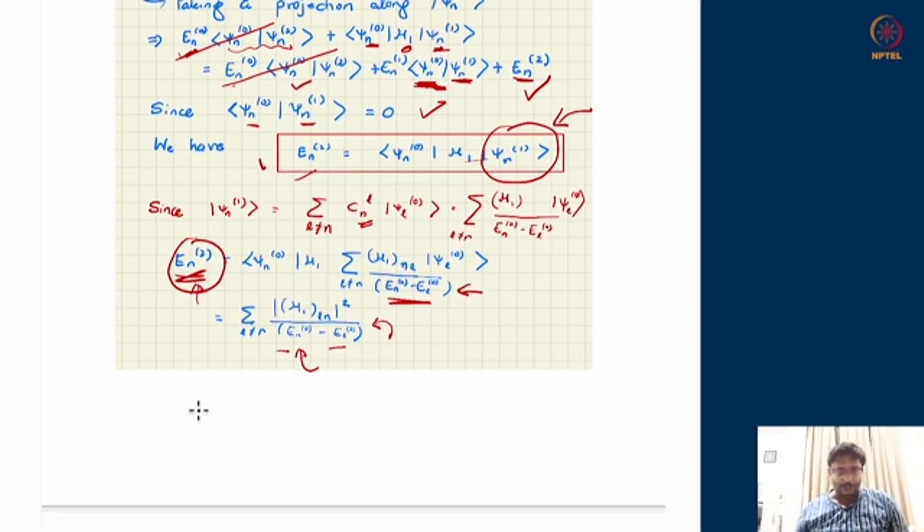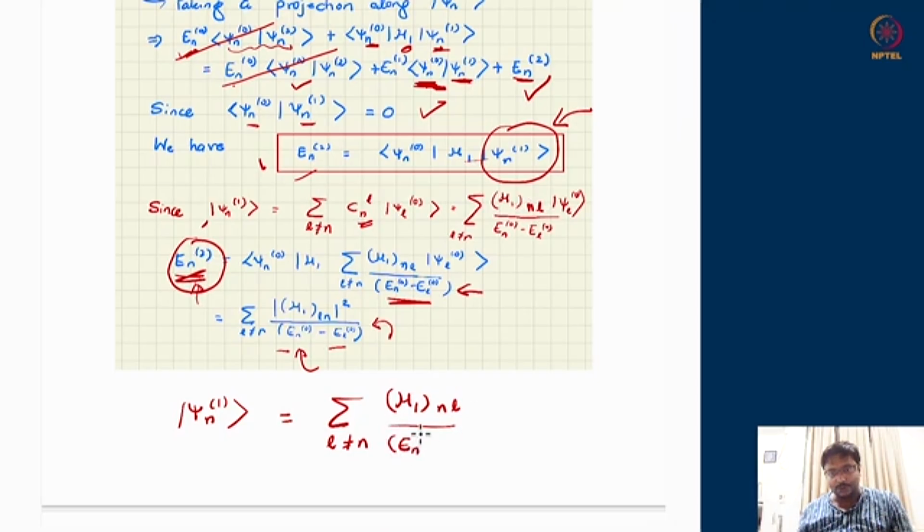For that, I should again write down what is psi n1. Once again, I'm just rewriting this equation cleanly here. Psi n1 is nothing but summation over L, where L is a marker for all states which are different from n, and then H1 NL, which I had missed over here, H1 NL it should be, divided by En0 minus EL0, and then psi L0.